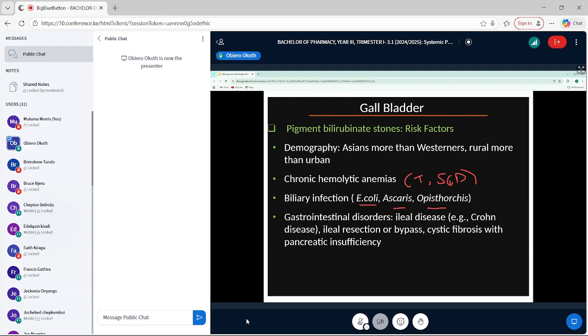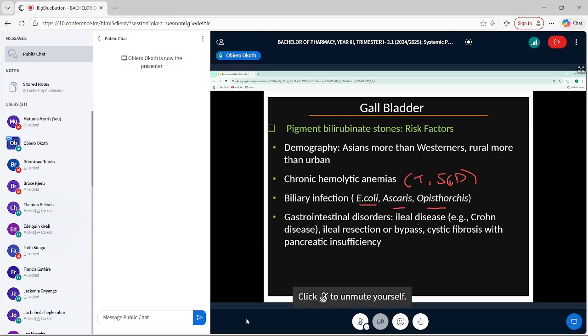Also, patients who have had gastrointestinal disorders like ileal disease, ileal resection or bypass, patients with pancreatic insufficiency like cystic fibrosis. Again, this can lead to increased bilirubin, and this can predispose to pigment or bilirubin stone formation.